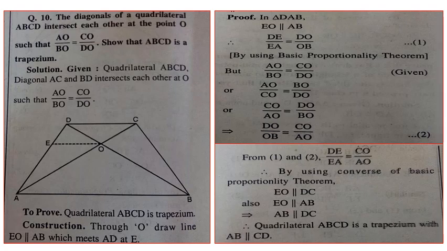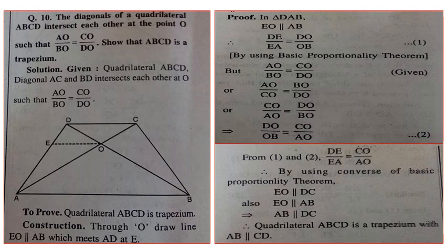From 1 and 2, we get DE by EA is equal to CO by OA. Now, by using the converse of basic proportionality theorem, EO parallel to DC, that is in triangle ACD, we proved that DE by EA is equal to CO by OA.